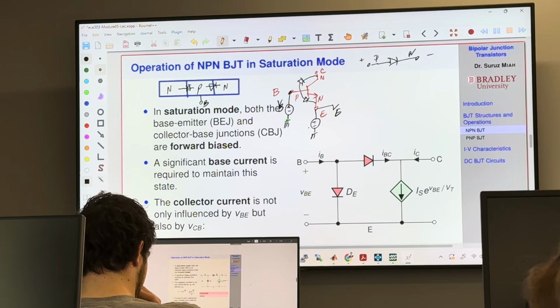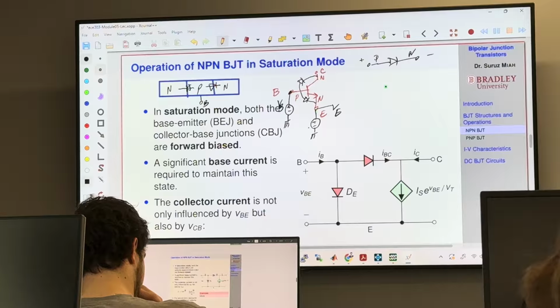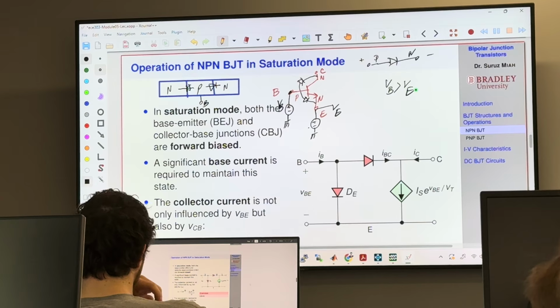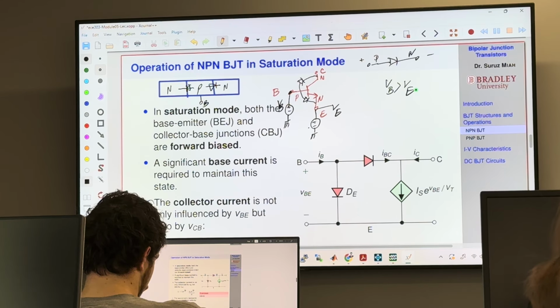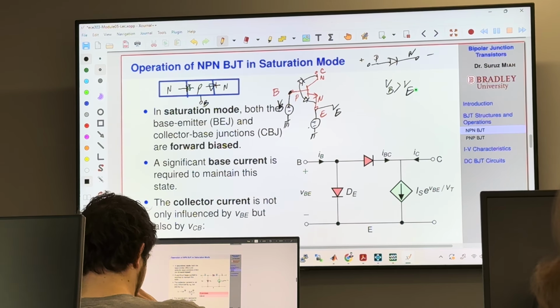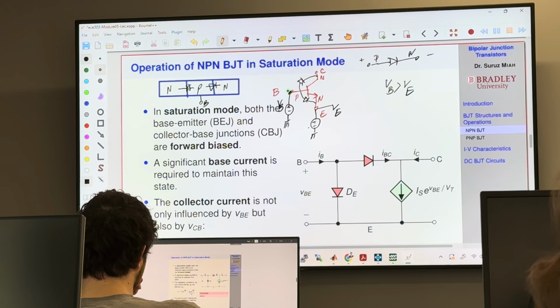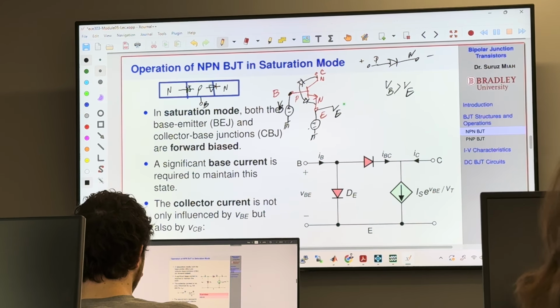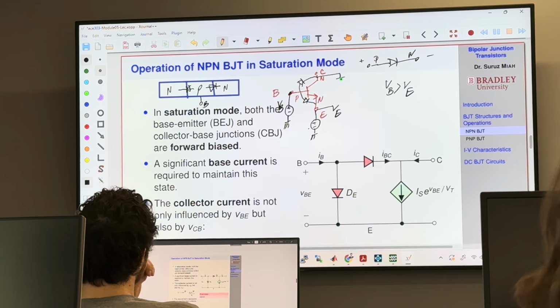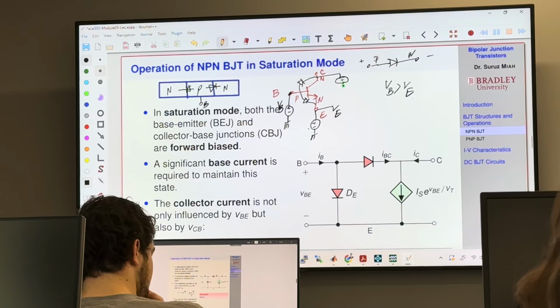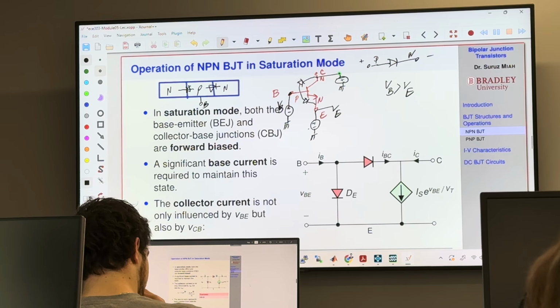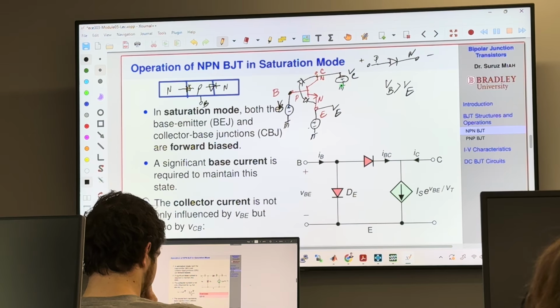Base emitter junction forward biased means VB is greater than VE. Similarly, for the base collector junction, let's call this voltage VC with respect to ground.